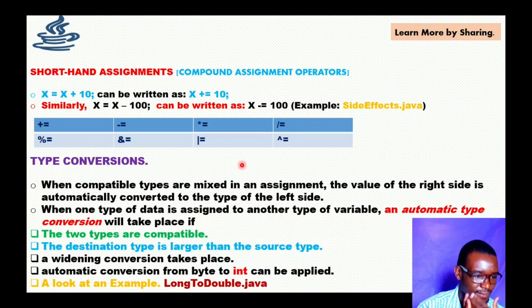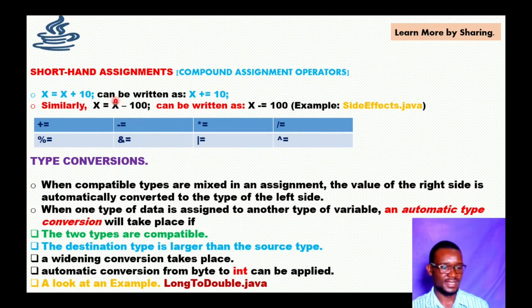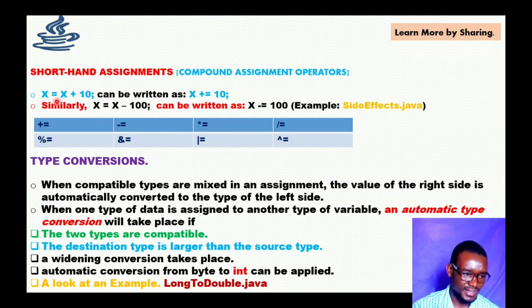So you can use these assignments to assign values to variables, like taking a shortcut, for example. So we have this example right here, x equals x plus 10. So it can be written as x plus equals 10. This is the shorthand form of this.